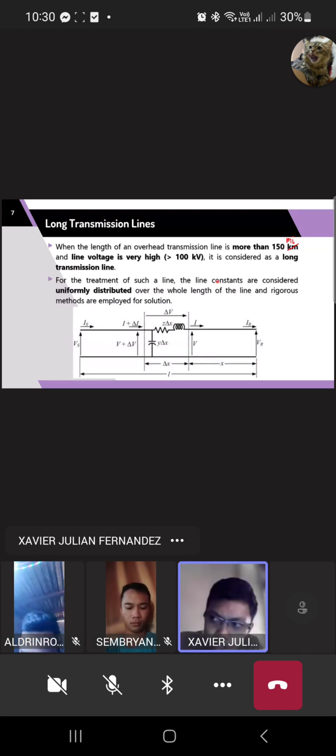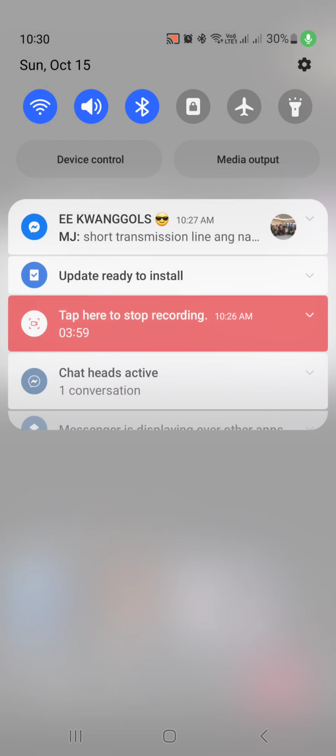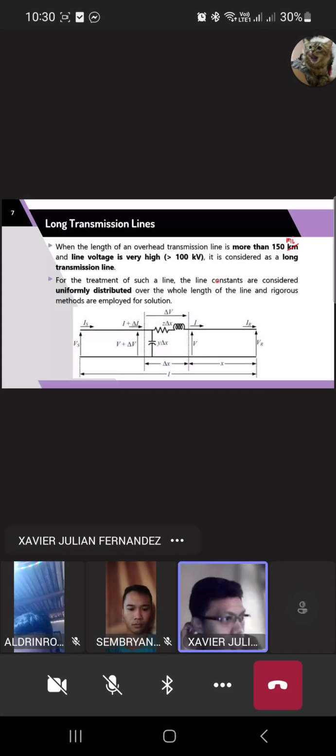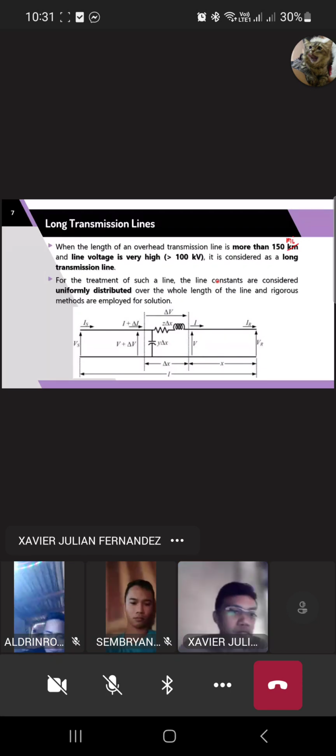It depends on the origin or the country. We have extra high voltage, high voltage, very high voltage, these classes of voltage. For long transmission lines, generally it's called a long transmission line, not very long.